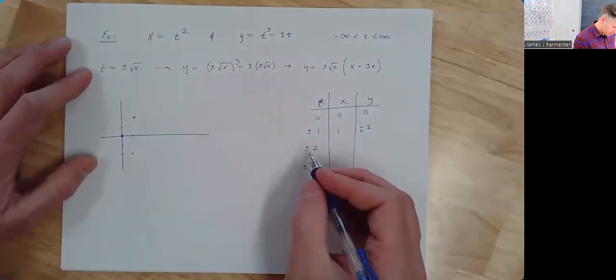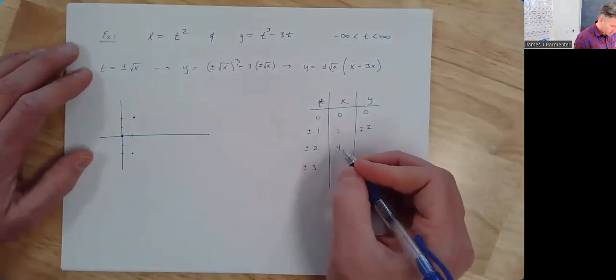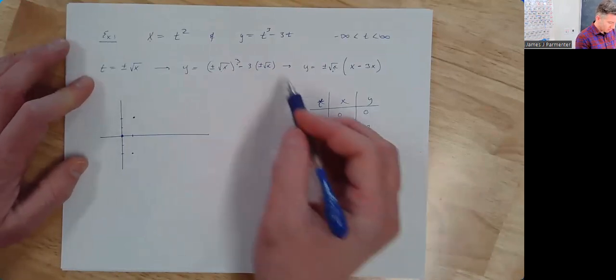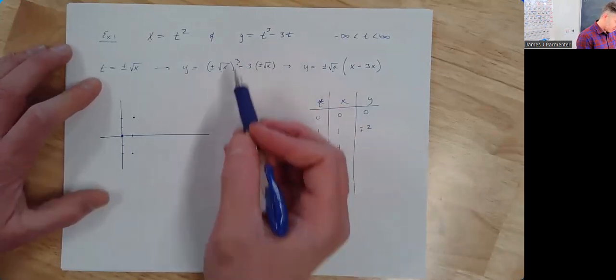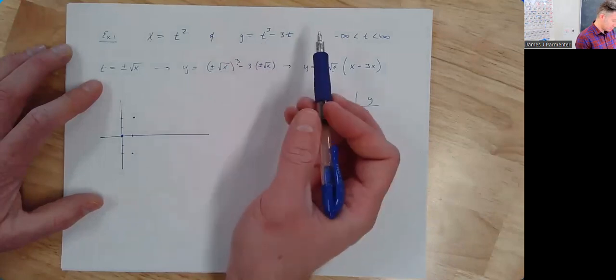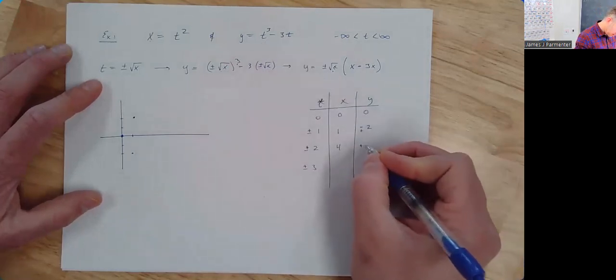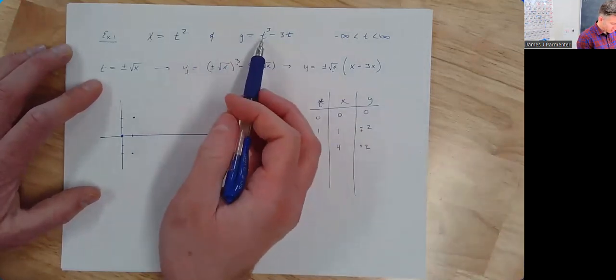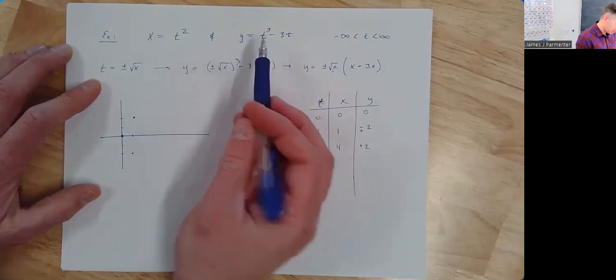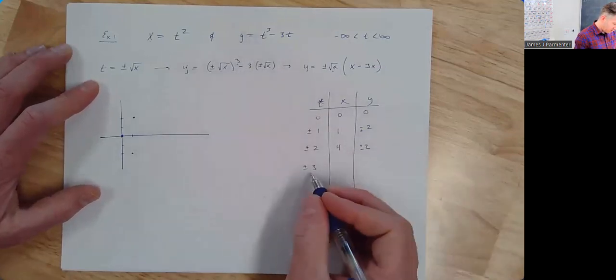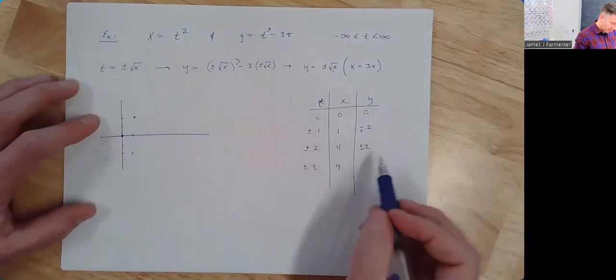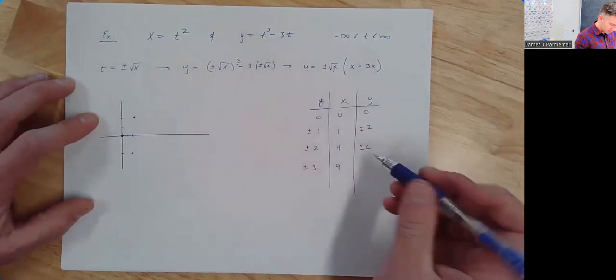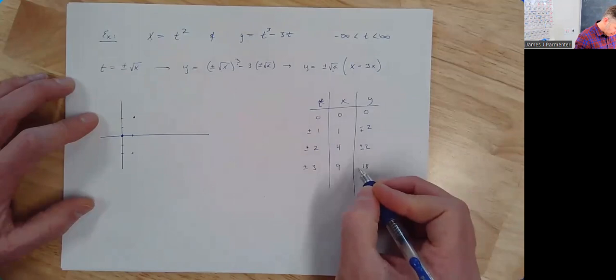Similarly, plus or minus 2, x is going to be 4. If t is +2, then y is going to be 8 minus 6, which is +2. And if t is -2, y is going to be -8 plus 6, which is -2. And when we plug in 3, x is going to be 9, y is going to be 27 minus 9, which is 18, or -18.